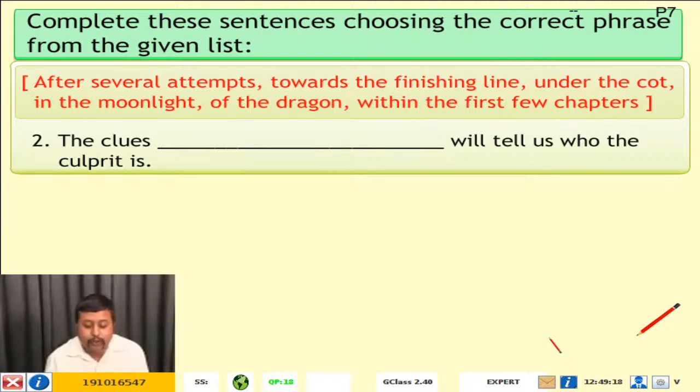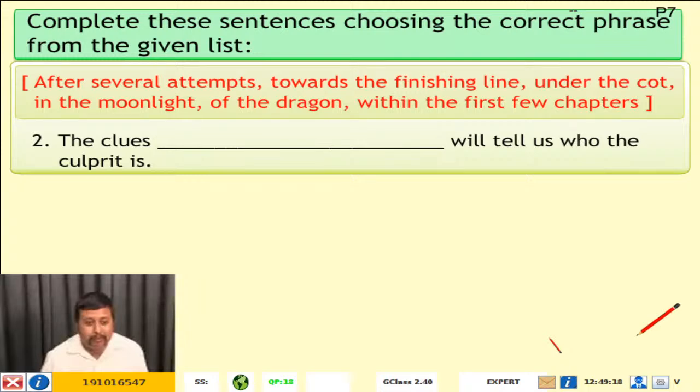The clues dash will tell us who the culprit is. What does that mean? Clues dash, that means it's telling us about the location of the clue, where the clue is. So where can the clue be? Can the clue be there in after several attempts? No, we are not finding the clue.